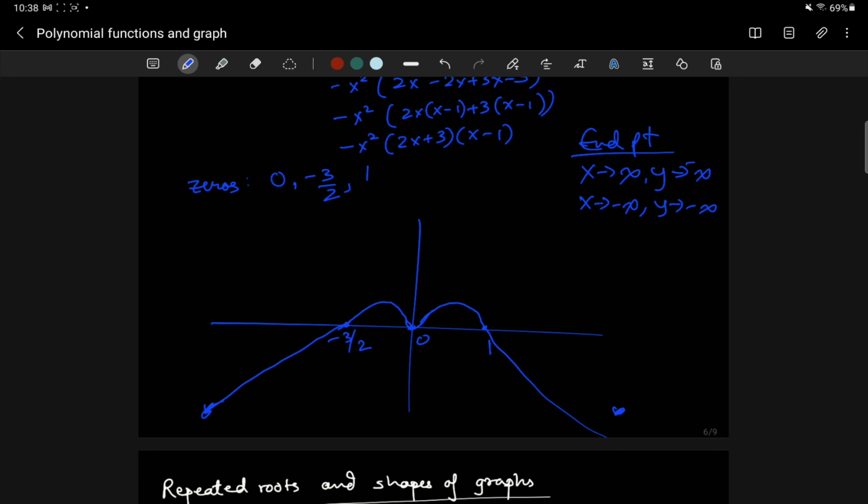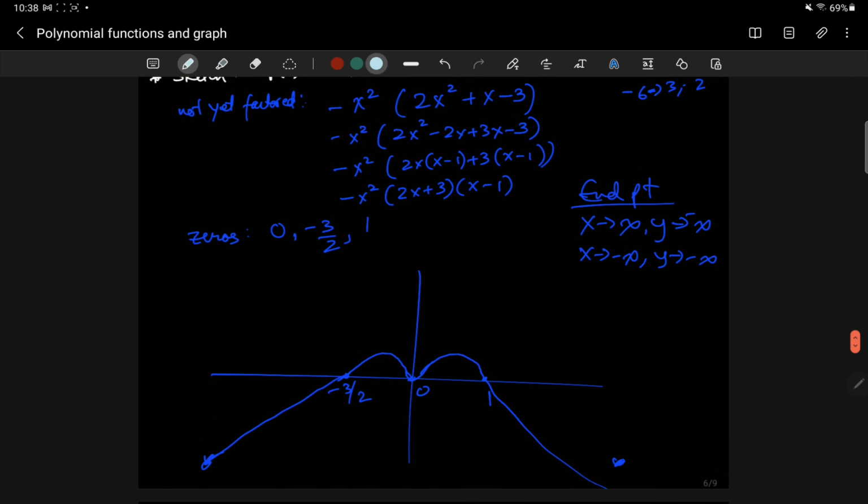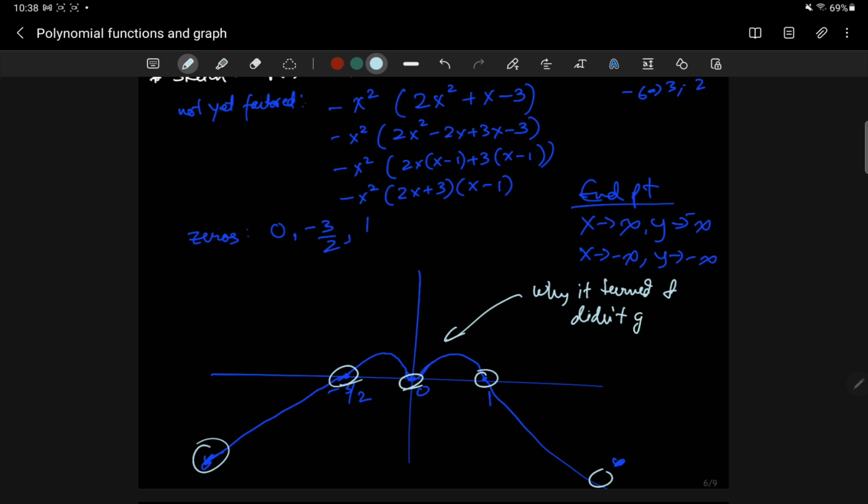Once again, for now, focus on the fact that these are the end behaviors and these are the roots. As to the question of why it turned and didn't go through, that's in the next video.